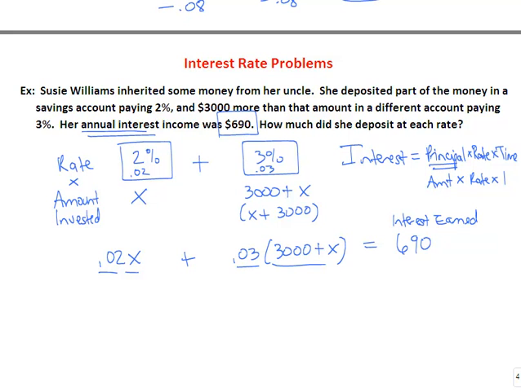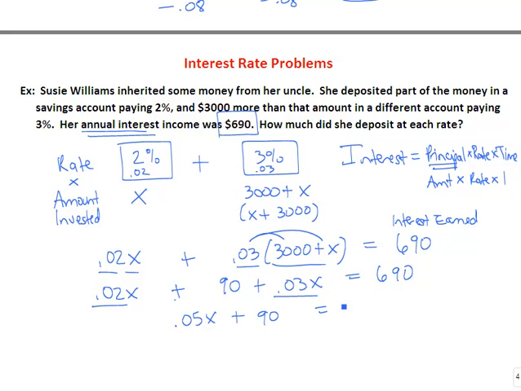Now to solve it, we want to distribute across our parentheses. So we have 0.02x plus 0.03 times 3,000 is 90, and 0.03 times x is 0.03x. We have a couple like terms on the left side. 0.02x plus 0.03x is 0.05x plus 90 equals 690.